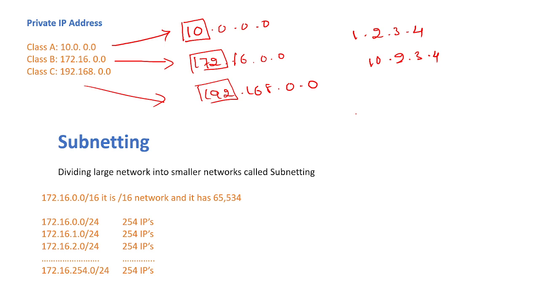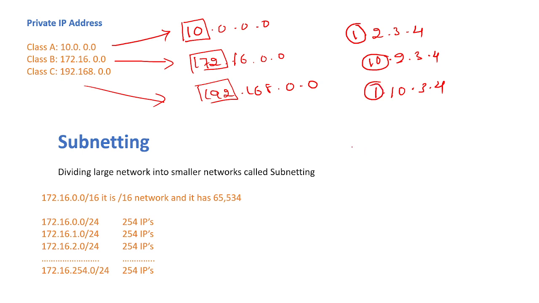It's a class A private IP and a valid IP. Now 1.10.3.4. Class A public. Yep, because you need to look at the first octet only. Even though 10 is there in the second octet, you don't need to worry. You have to worry only about the first octet.